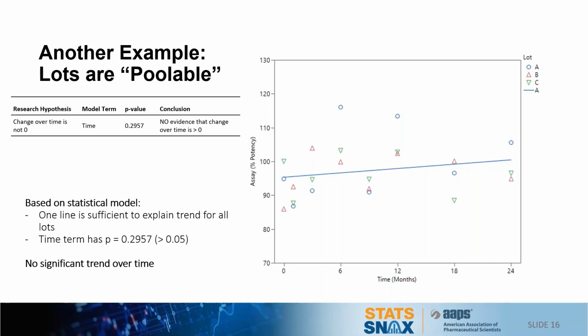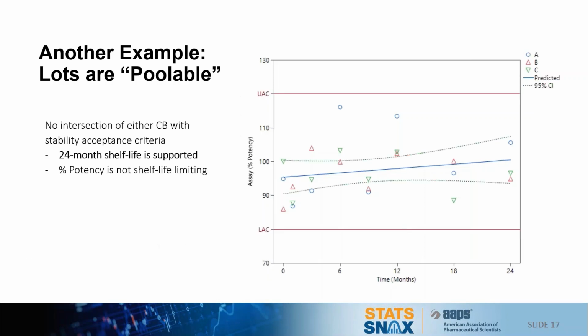Per ICH Q1E, non-batch related terms are evaluated at a significance level of 0.05. Notice that the p-value for time is 0.2957, which is greater than 0.05, so there is no evidence that the change over time is significant. However, we typically retain the time term in the stability model for the purpose of estimating shelf life.